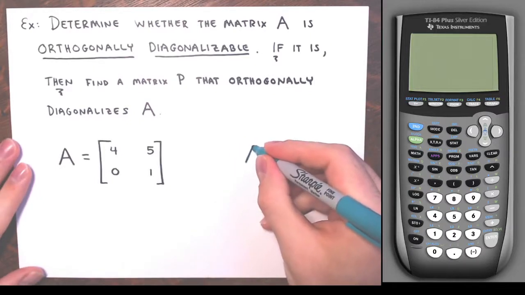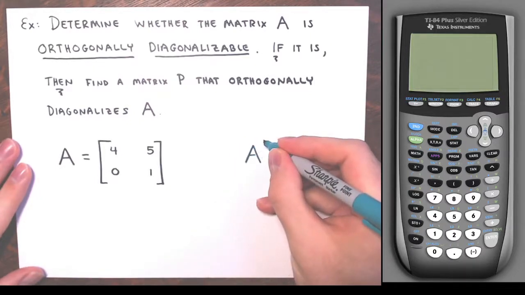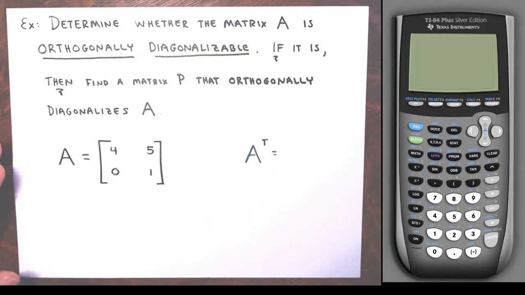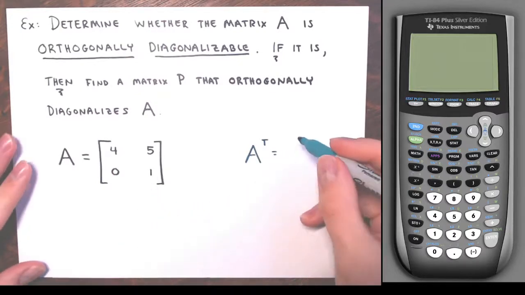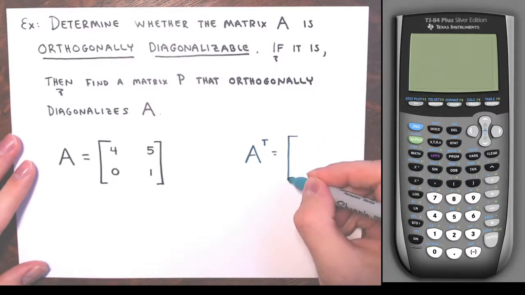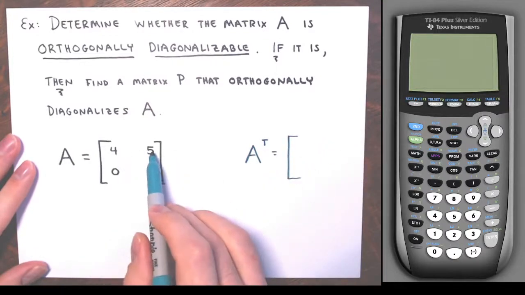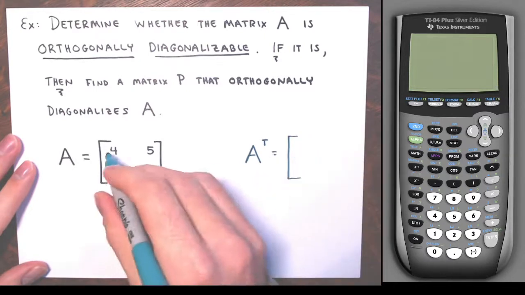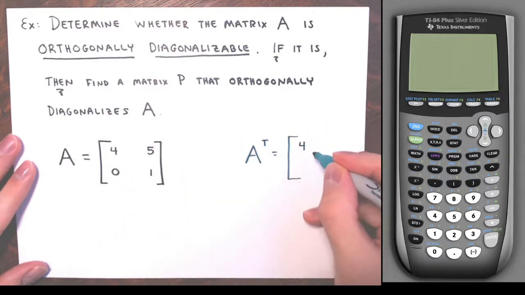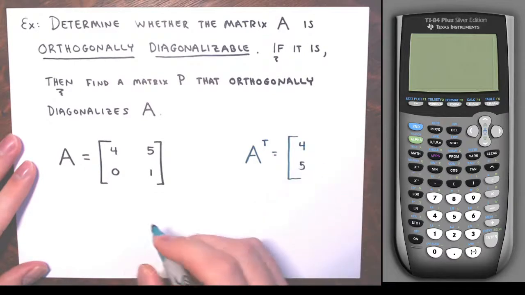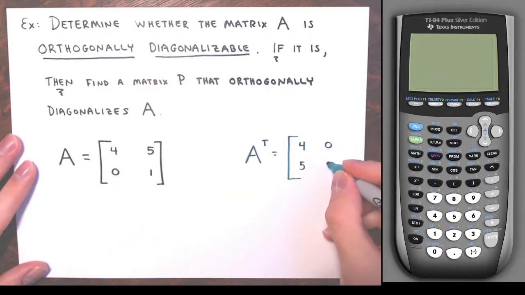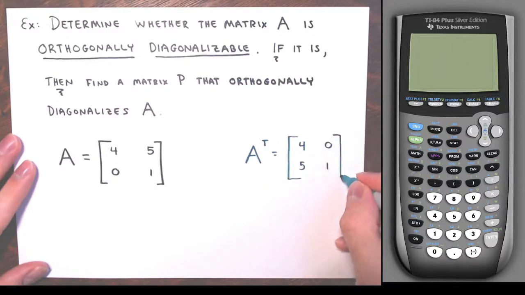What is A transpose? First I'm trying to determine whether or not this is orthogonally diagonalizable. Remember, the transpose is simple: row and column numbers switch. The first row of A becomes the first column of A transpose, and the second row of A becomes the second column of A transpose.